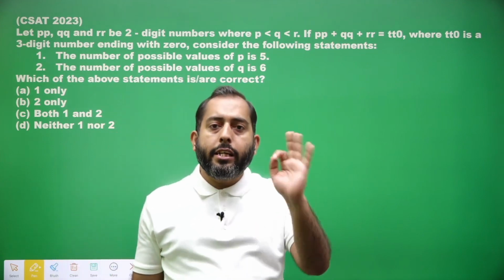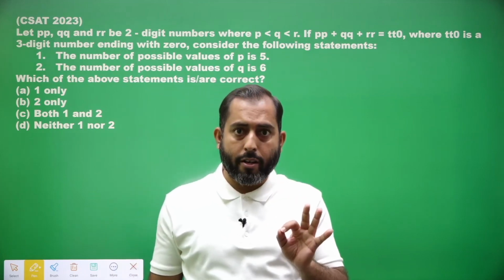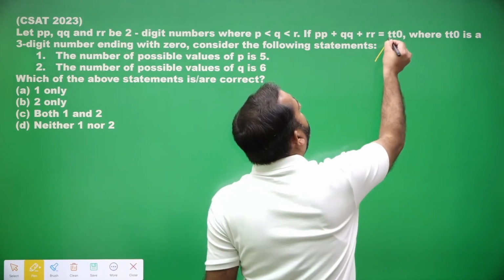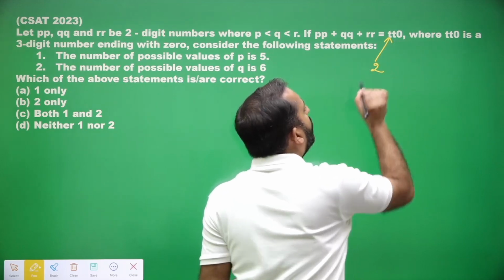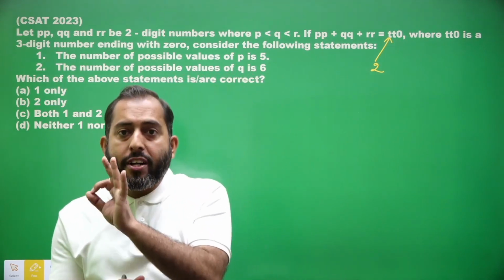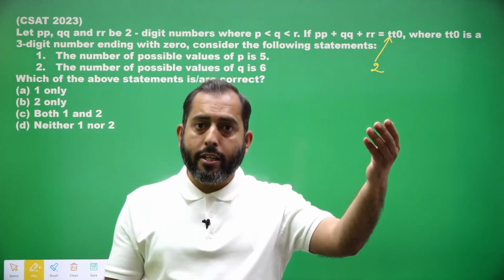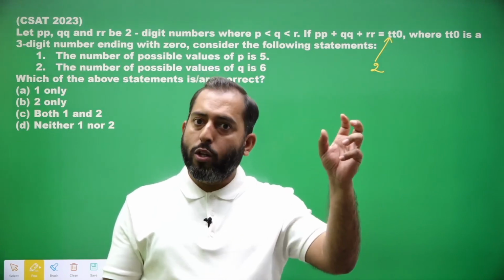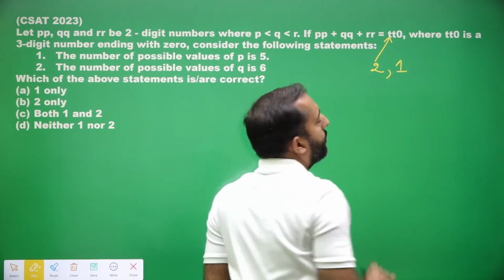If you add the 3 2-digit numbers, then the maximum value of the hundreds digit of the result will be 2 only, and the minimum value can be 1 only.